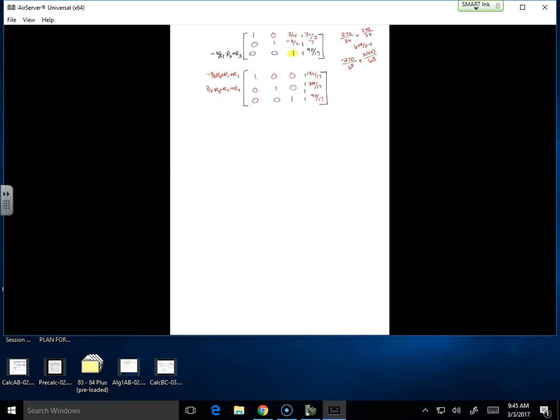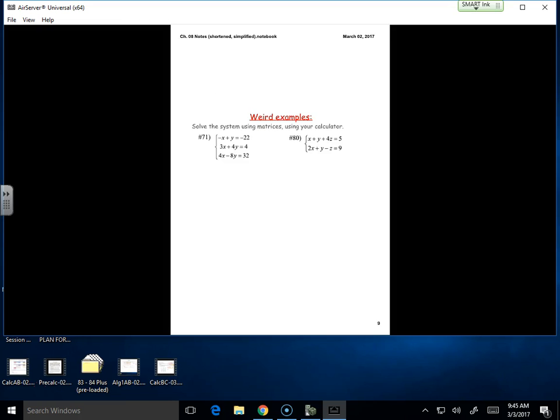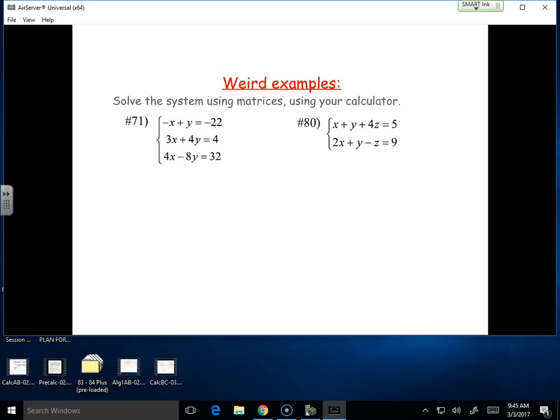So, what did we not get to go over today? Great example: solve the system using matrices, using your calculator. Wait a minute, how are we going to do this in our calculator? Is our calculator going to like non-square systems? No, it's going to say it can't do it.